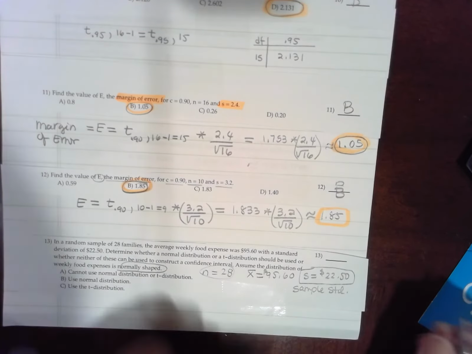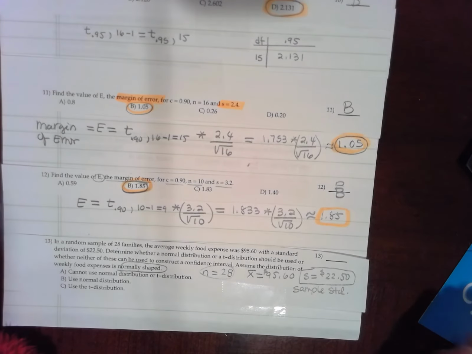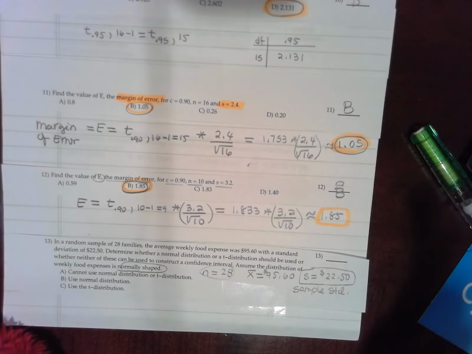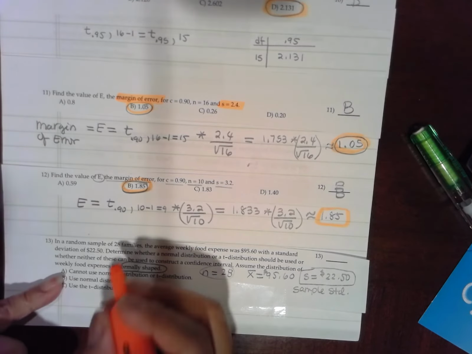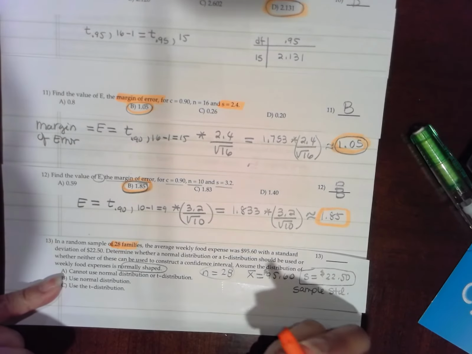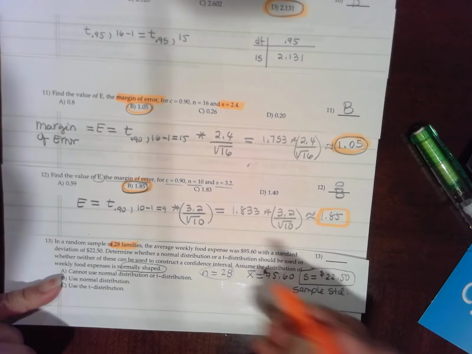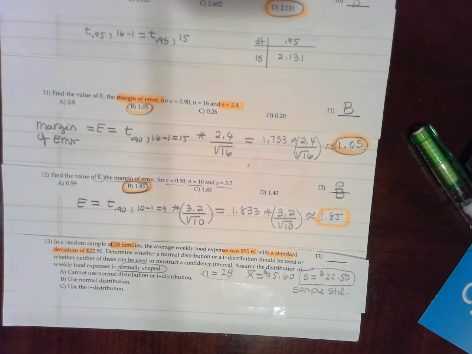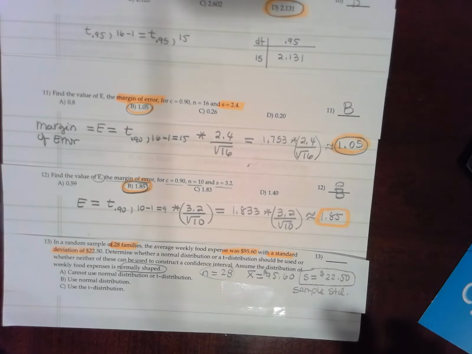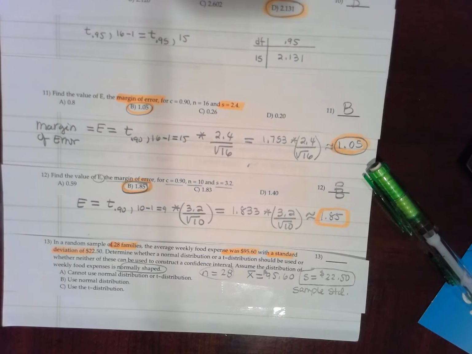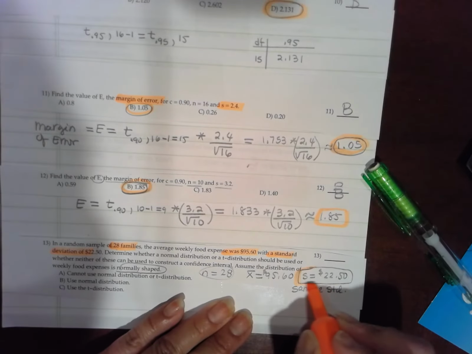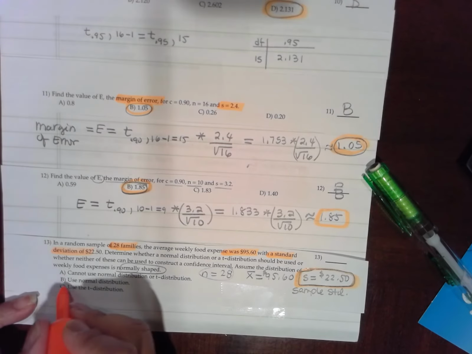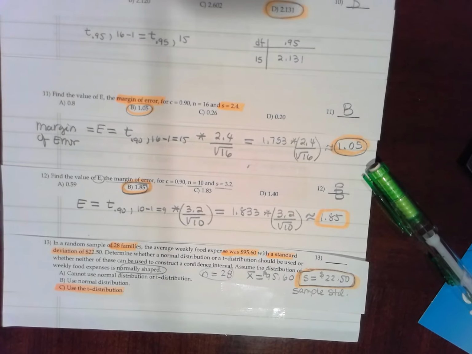Notice that it doesn't say sample standard deviation, but it's implied by the fact that it says they took a random sample of 28 families and they found that the average was this and the standard deviation of that. So since that information is based on the sample of 28 families, it is implied that it is the sample standard deviation. So when you don't have the population standard deviation, you have to use a t-distribution.